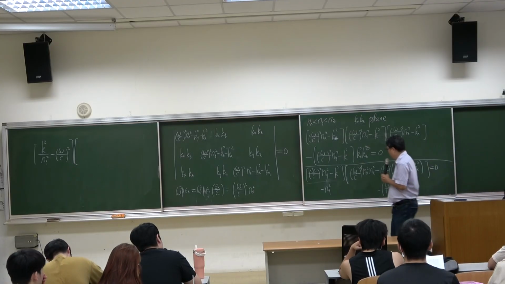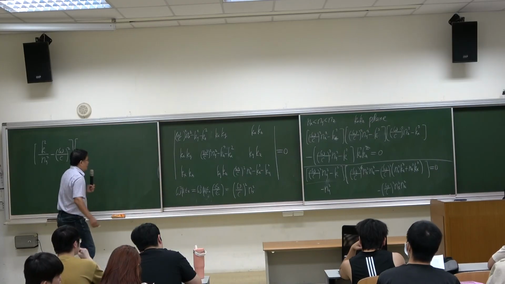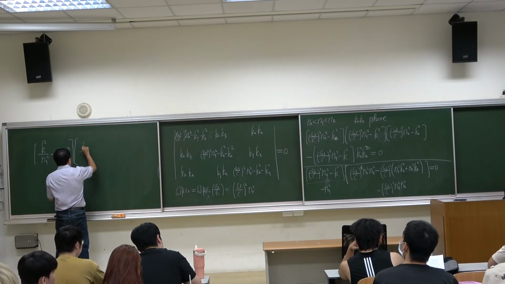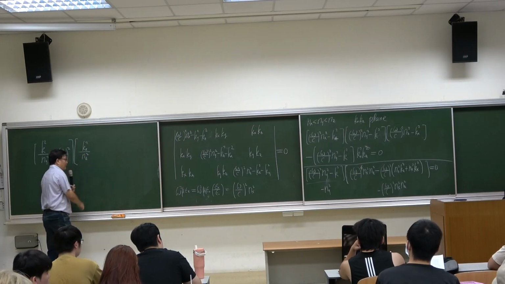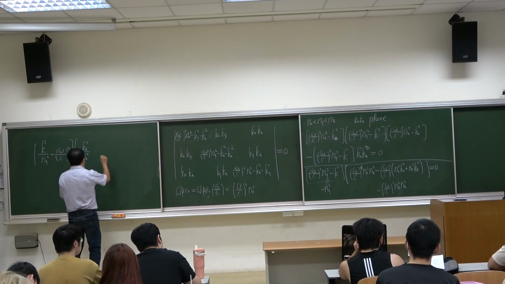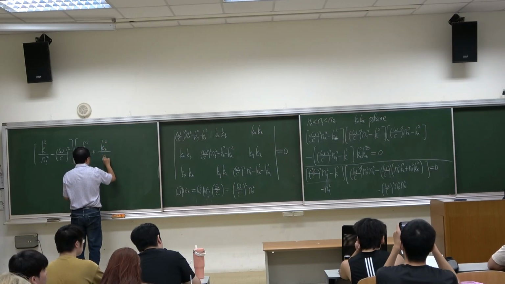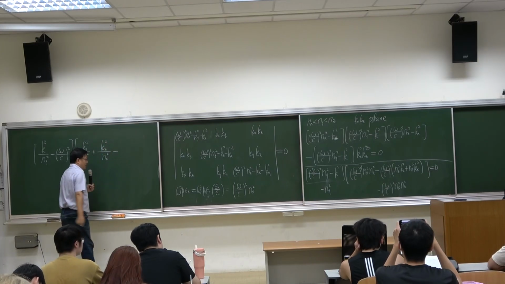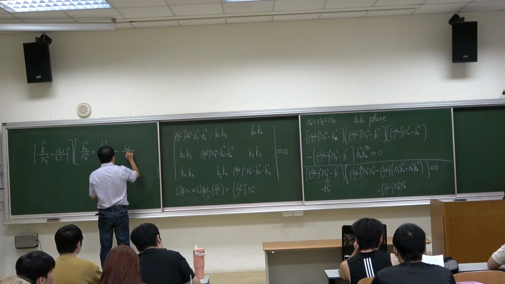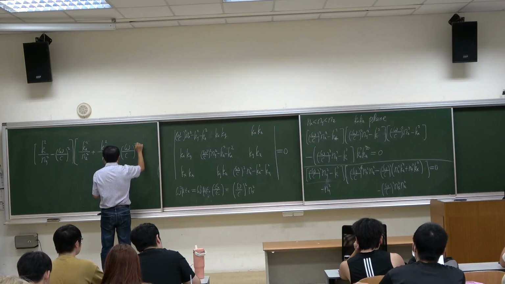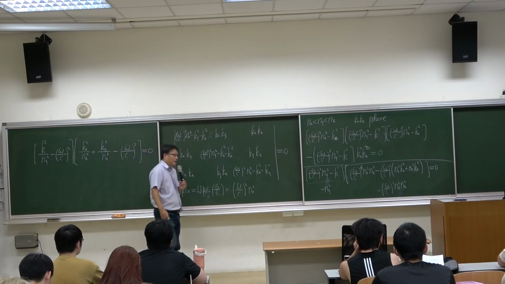So I get kx squared over nz squared plus kz squared over nx squared minus omega over c squared equal to 0. Okay.